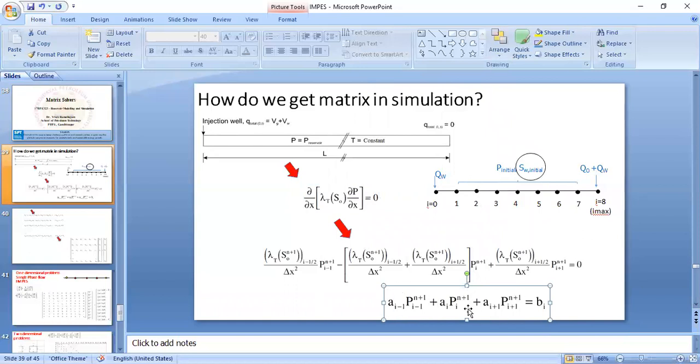For I equal to 2, P_i will become P_2 of n plus 1, and the neighboring elements will become P of I plus 1, which for I equal to 2 means 3. So P of 1, P of 2, and P of 3 is equal to B of I. Likewise, when we substitute I equal to 1, 2, 3, 4, 5, 6, and 7, we get 7 equations, and those 7 equations can be rearranged into a matrix form.